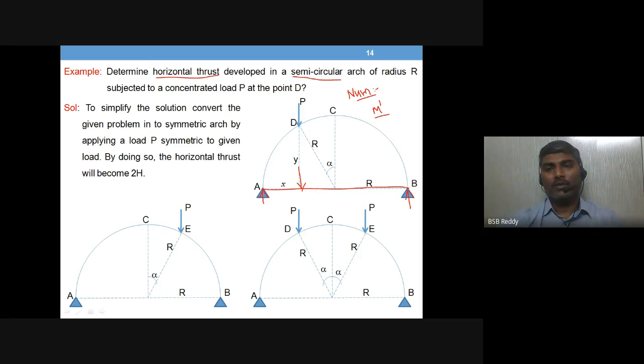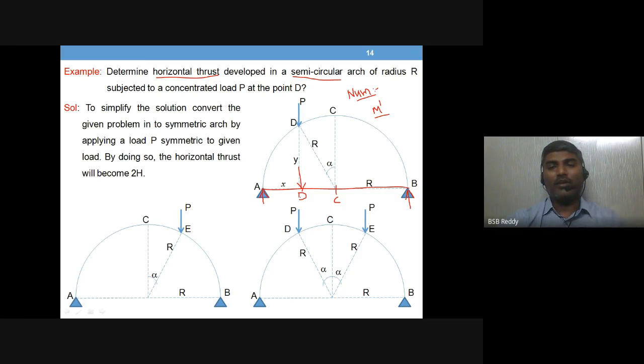How many equations do you write? To get the complete bending moment profile of this beam, you should write the Mx equation between AD, between DC and between CB.